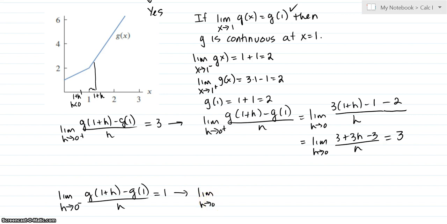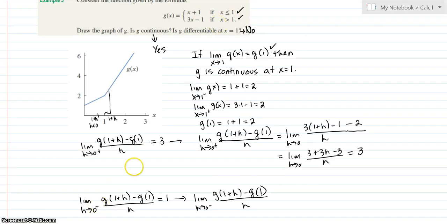And if you want to see the work for this one using the difference quotient limit, this would be plugging it into the first one, because h was a little smaller. A little smaller than 1 is like 1 minus 0.1, so x would be 0.9, right? It would be smaller. So I would plug it into that first one. These are pluses.